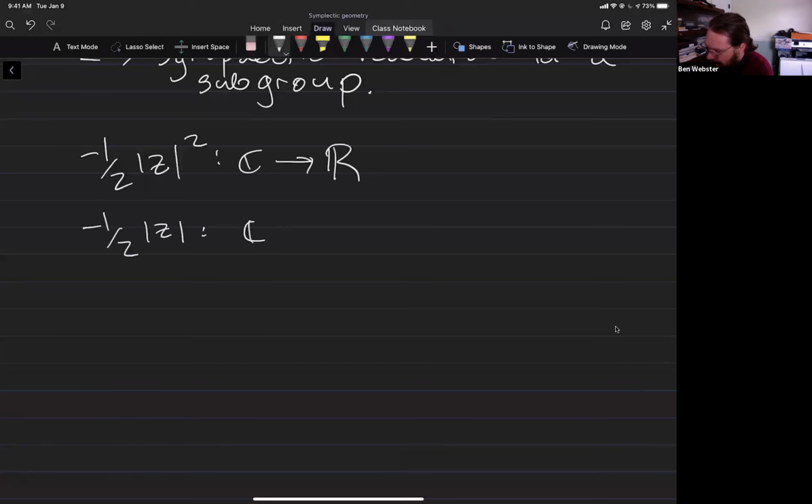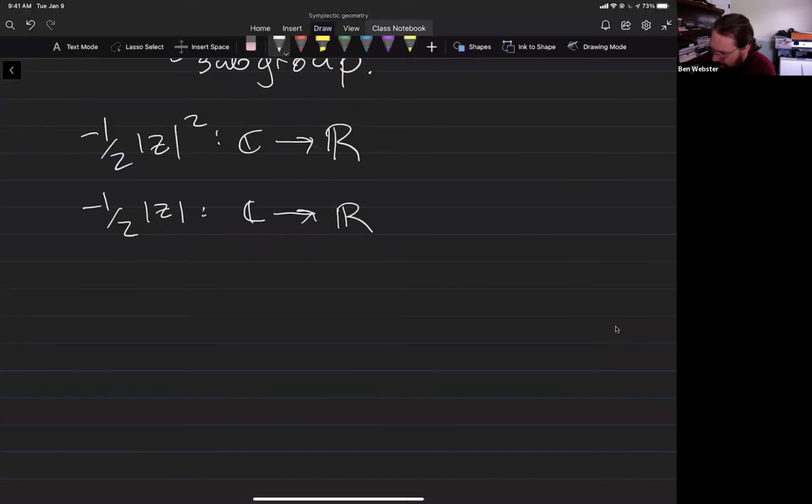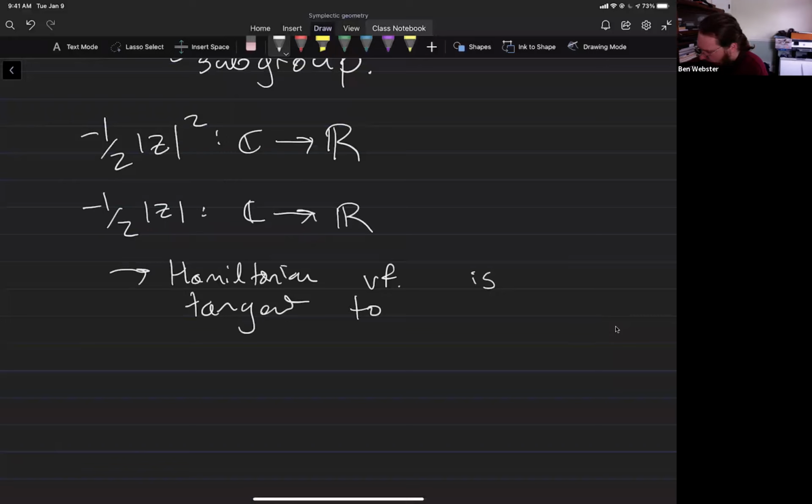But what happens otherwise? So what this gives me is that the Hamiltonian vector field is always unit length, basically because the derivative of the absolute value is always unit length. So the Hamiltonian vector field is still tangent to the circles, but you're not going to get one nice rotation, like the speeds won't match up nicely.